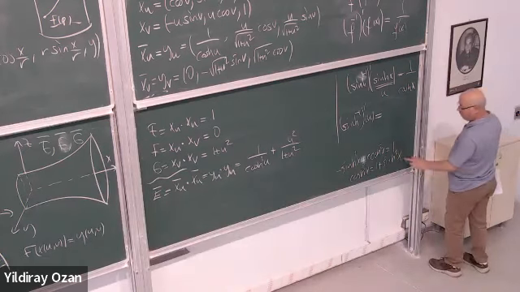x_u bar times x_u bar, so y_u times y_v. There is 0 there, and then this also gives us 0.